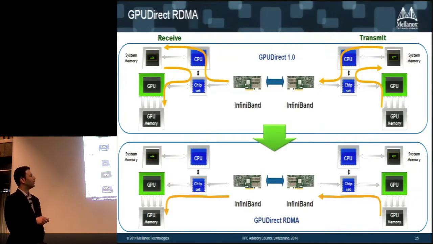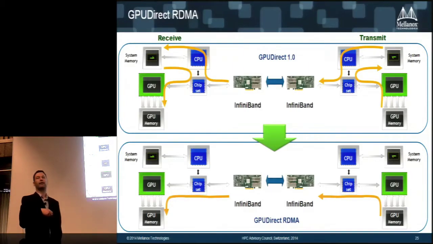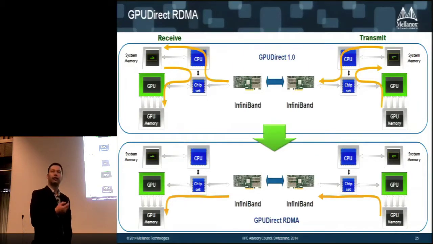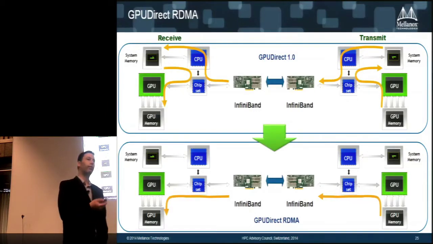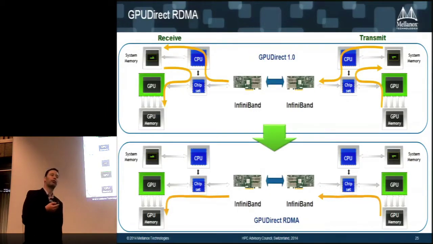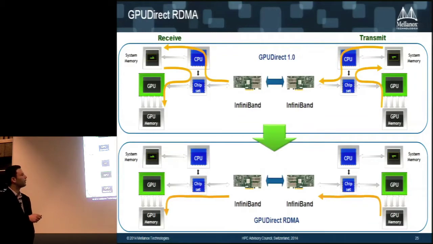Originally, the GPU had to copy from GPU memory into CPU memory, and then the CPU had to do a memcpy into a buffer that goes to the networking, and only then could the InfiniBand adapter access that data, and so on the other side. That was very inefficient.